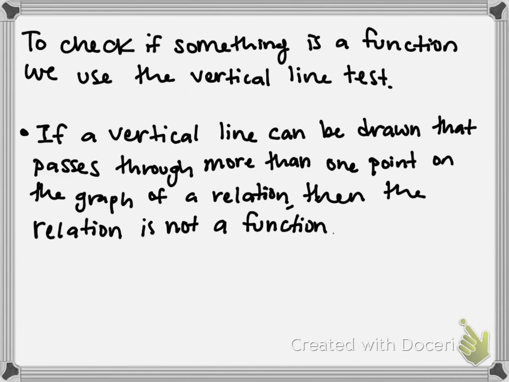All right, to check if something is a function, we use something called the vertical line test. So think about a vertical line goes up and down. If a vertical line can be drawn that passes through more than one point on the graph of a relation, then the relation is not a function.